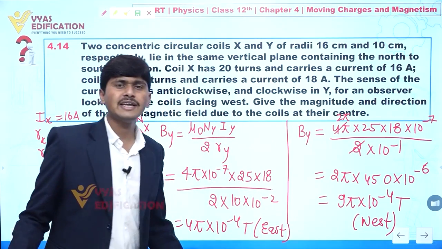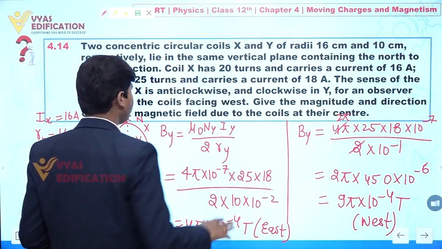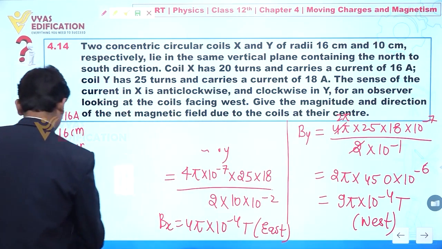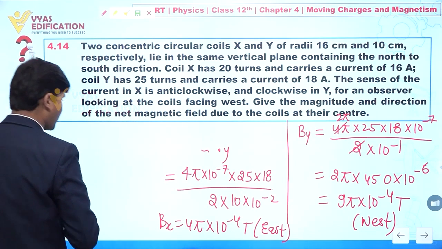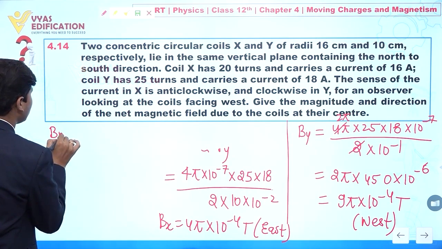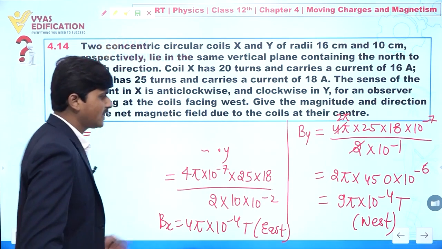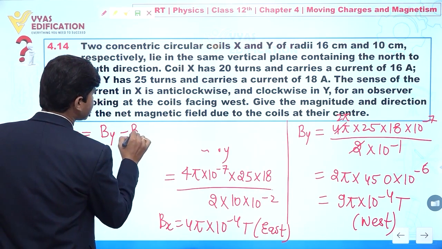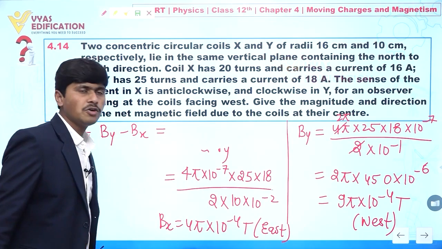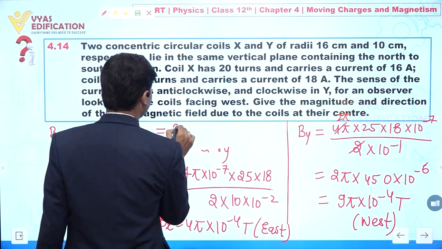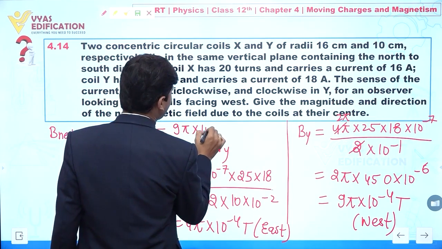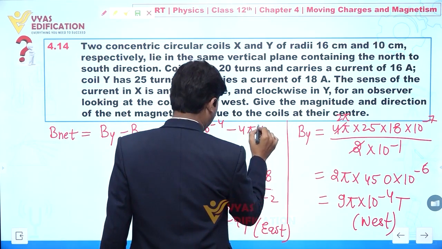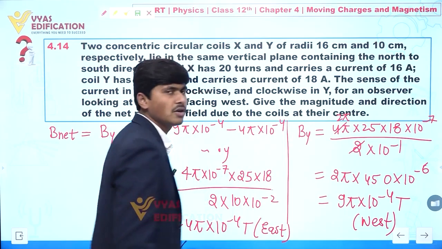So can we find the value of the net magnetic field? Yes. So how can I calculate? I can calculate like this: the value of B net is given by By minus Bx. The value of By is 9 pi into 10 to the power minus 4, minus 4 pi into 10 to the power minus 4.